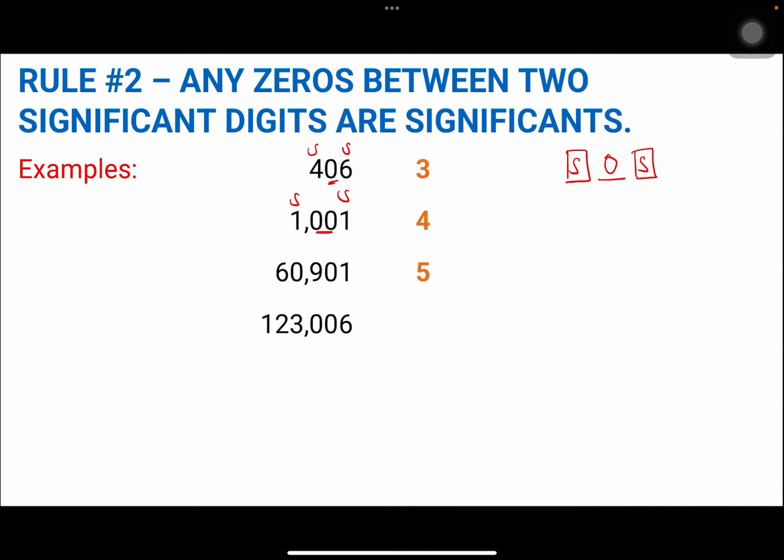Then next, 123,006. So we have 6 digits here. So we will have 6 significant figures. Next is 10.00009. So we have 7 digits, therefore 7 significant figures.